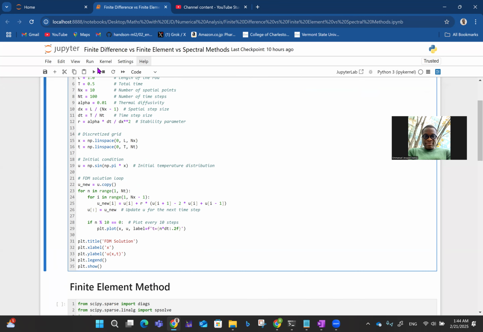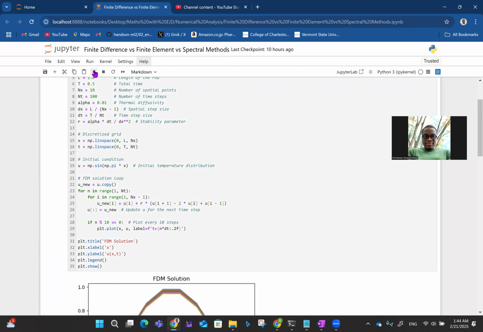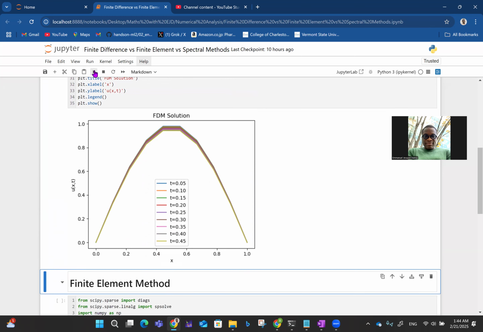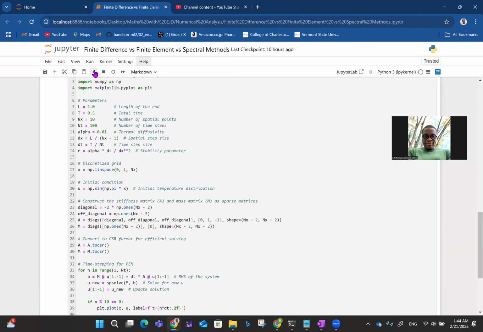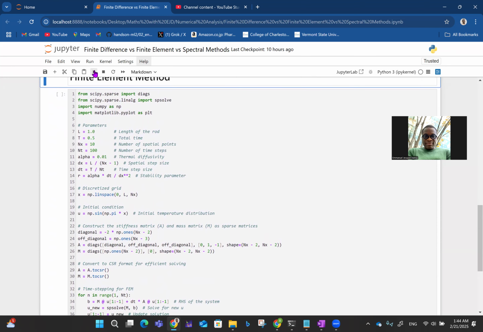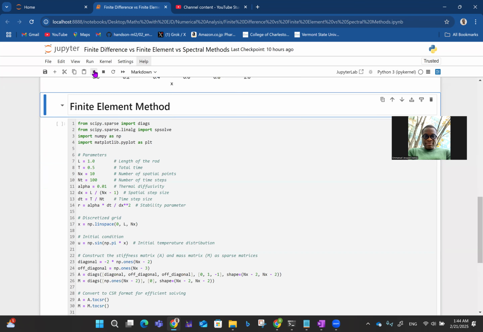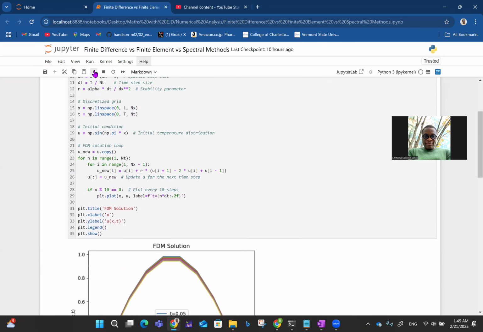And if we implement this for the heat equation, it gives us something like this for the different time steps. Then we have the finite element method here, with the same length and everything else, except for how the implementation is carried out, which is defined in lines 21 to 29.